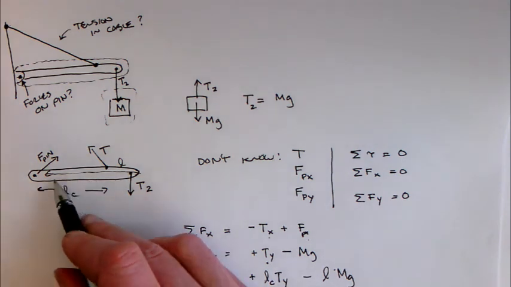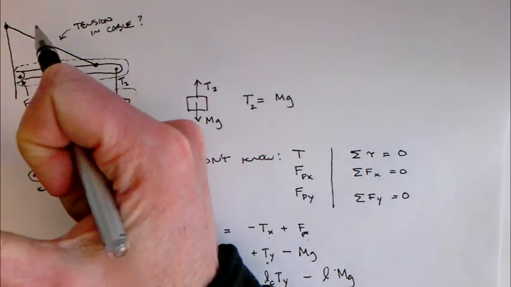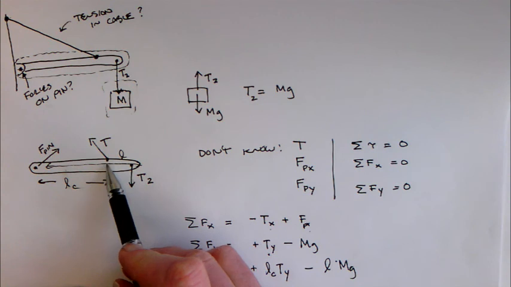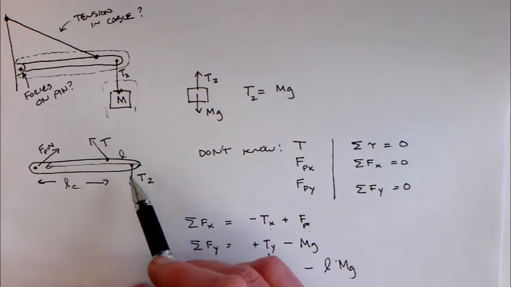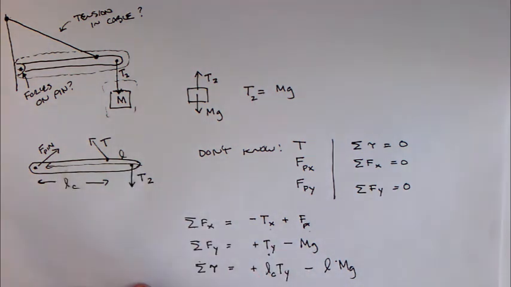The y component of the tension gives me a counterclockwise desire to rotate. The force due to the mass pulling down wants to rotate the system clockwise. So that's why this torque is a negative torque, and I'm assuming in the k-hat direction, this torque is a positive torque in the k-hat direction.